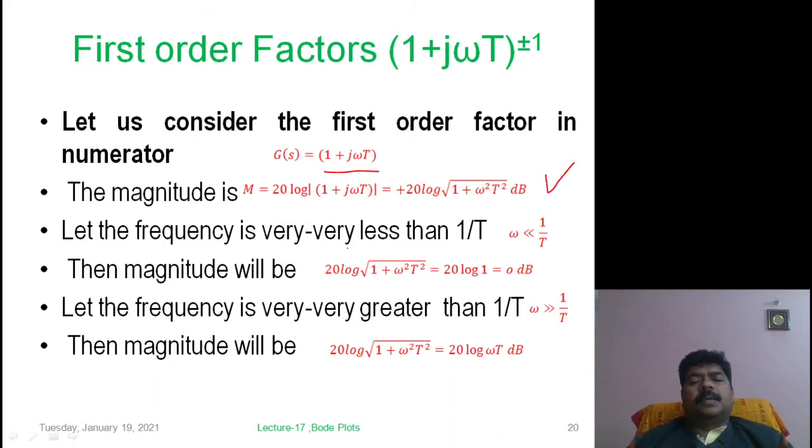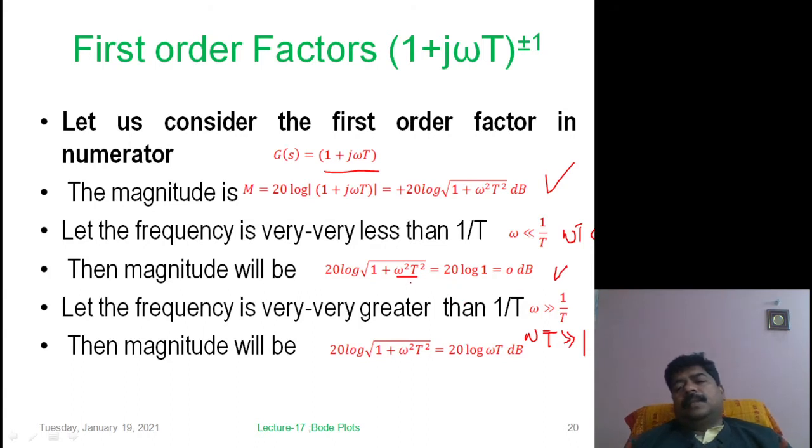Similar to the last one, if omega is very much less than 1 by T, or omega T is very much less than 1, what would happen? This factor can be neglected, resulting in 20 log 1 or 0 dB. While if omega is very high, then omega T will be very much greater than 1, so compared to this factor the 1 can be neglected, so that will be 20 log omega T in decibels.